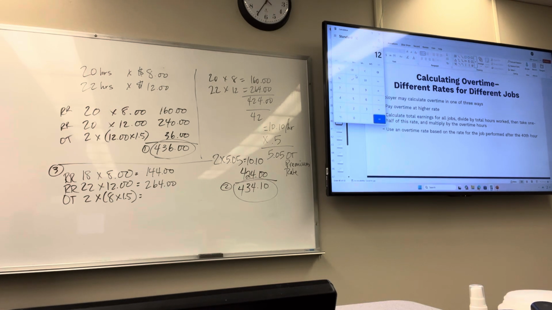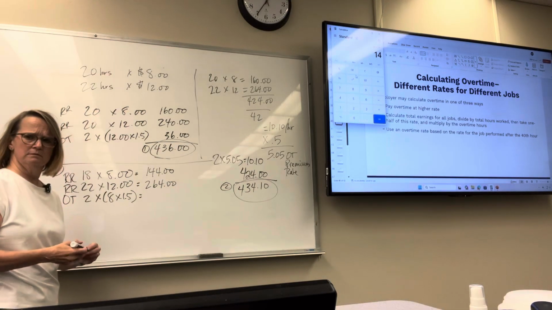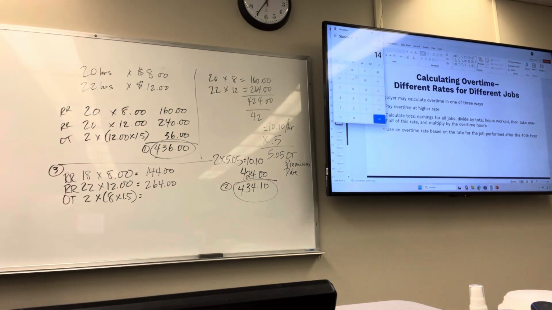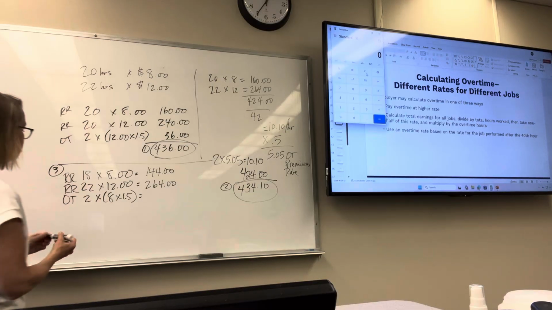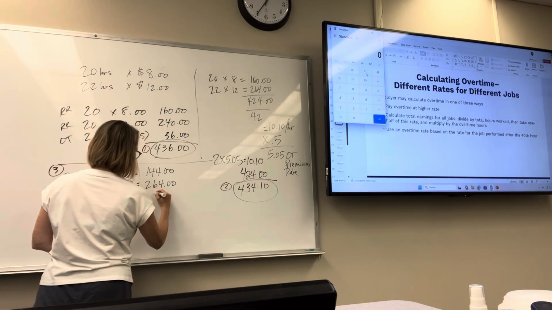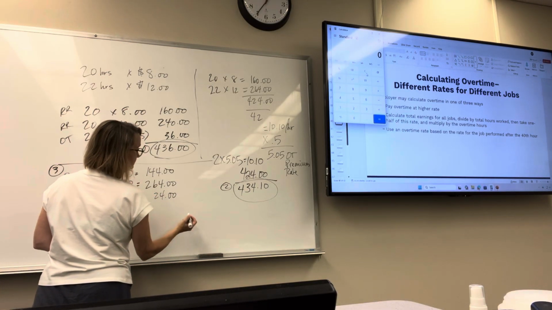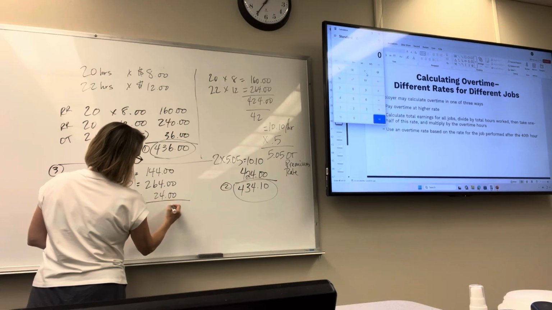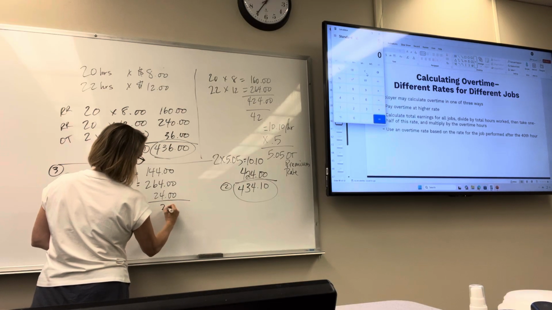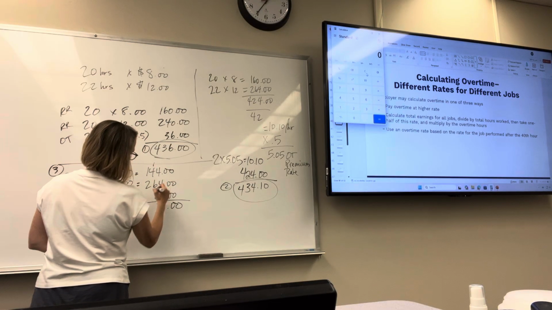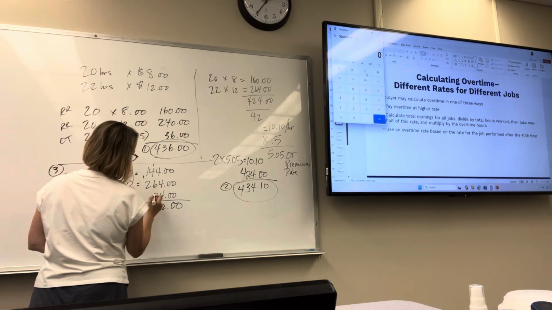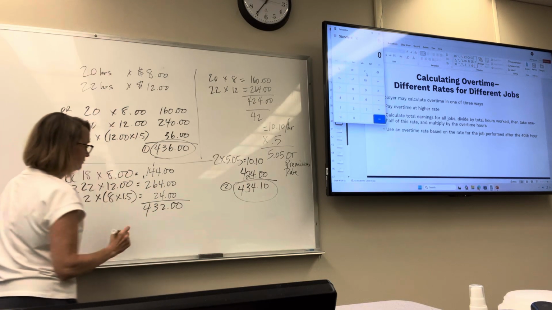I can't think of that. 12 times 2. I don't know. Oh, I did plus 2. Sorry. So 12 times 2 is 24, right? Yes. There's our overtime. So 12, 10, 13, 432.